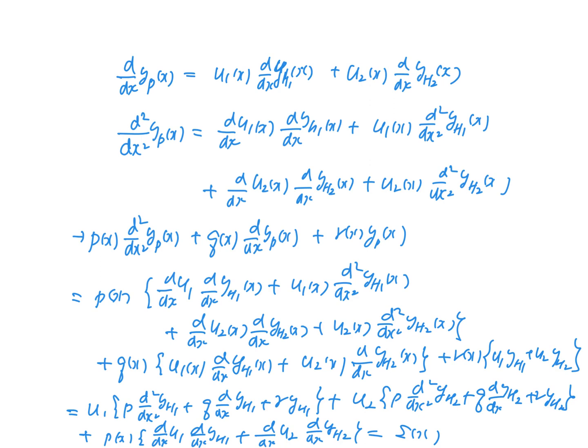So what happened to this part? y_h1 was a homogeneous solution, right? So this has to be 0. And this is also 0. So we found two conditions for u1 and u2.